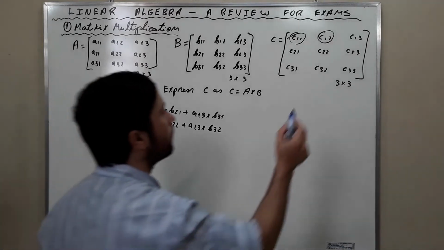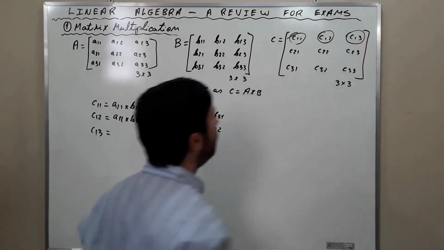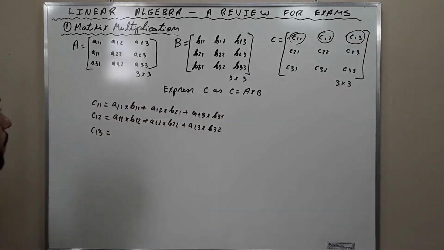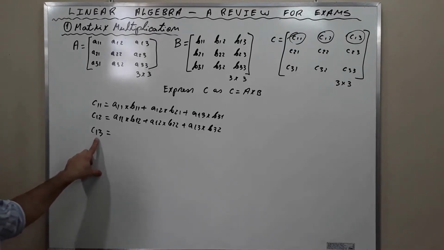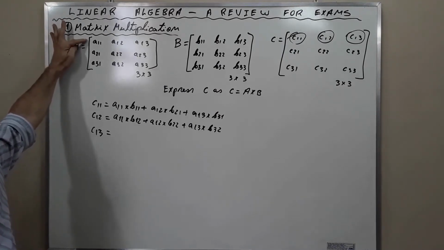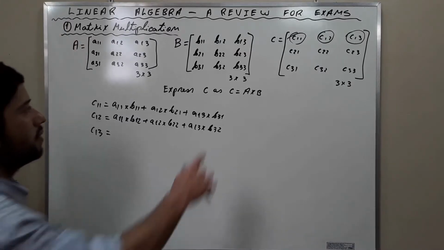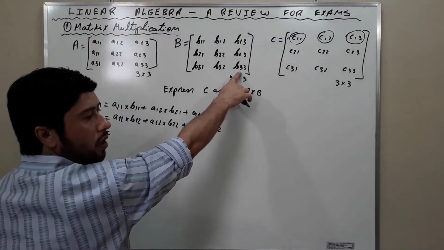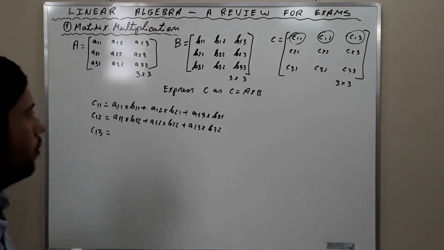C13 now. C13 is going to be obtained from the multiplication of the first row of the first matrix and the third column of the second matrix.